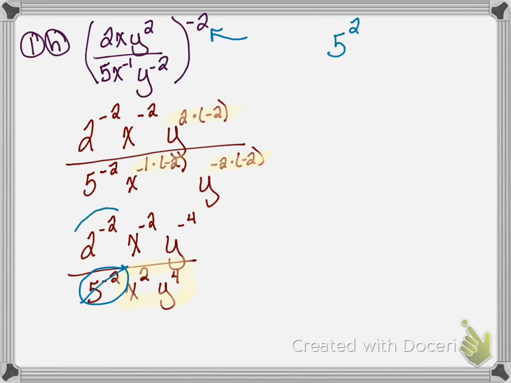Now I'm going to go ahead and deal with this 2 to the negative 2. It moves to the denominator and becomes 2 squared. Okay? Now, let's do my x to the negative 2. The x to the negative 2 goes to the denominator and becomes x squared. That is different than this x squared. Okay?